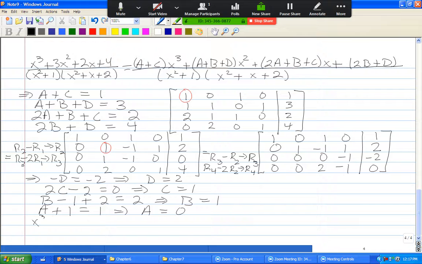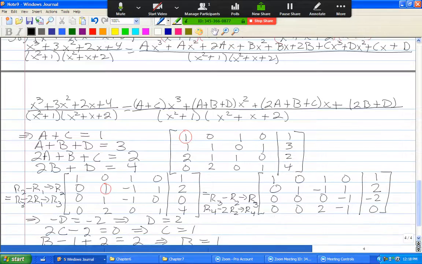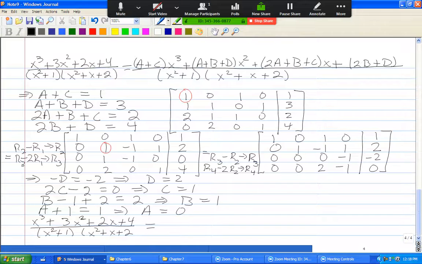So I have (x cubed plus 3x squared plus 2x plus 4) over (x squared plus 1)(x squared plus x plus 2) is equal to no x, plus 1 over (x plus 1)(x squared plus 1), plus (Ax plus D) 2 over x squared plus x plus 2.